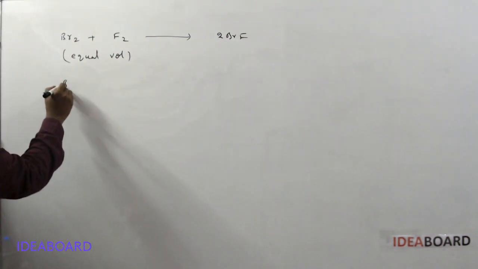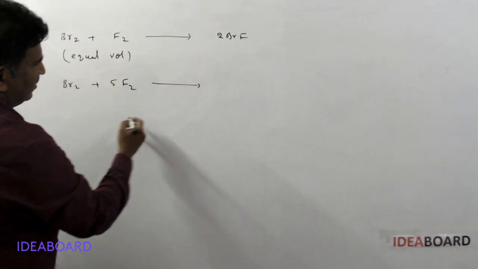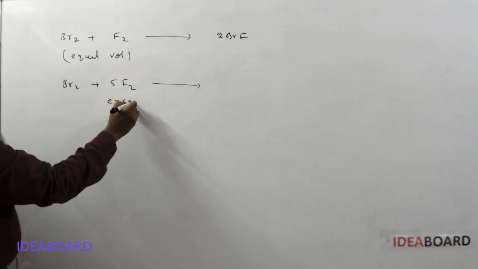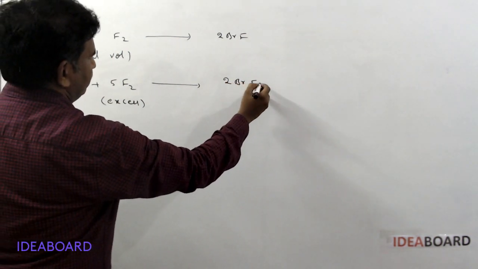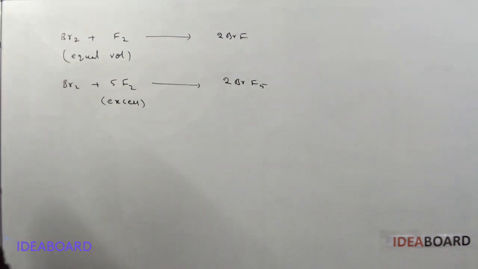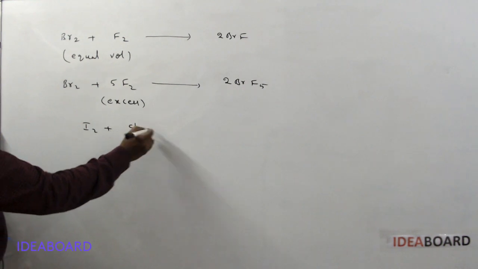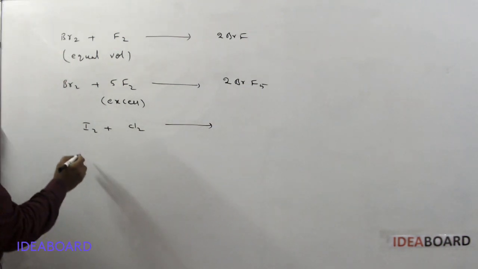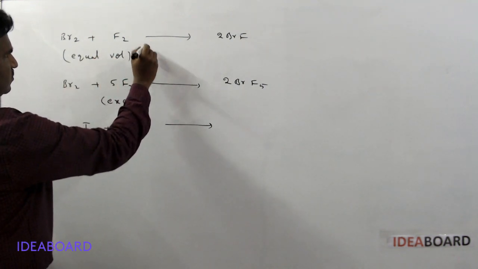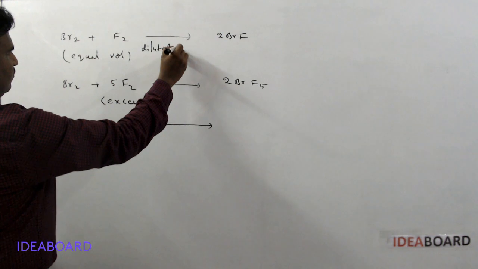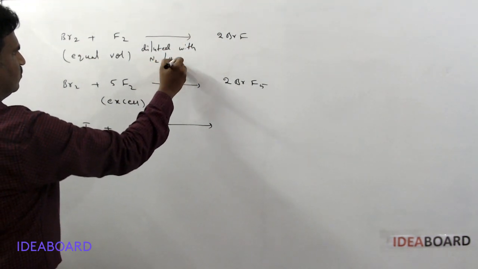Similarly, Br2 reacts with 5F2, fluorine taken in excess, and we get 2BrF5, bromine pentafluoride. And iodine reacts with chlorine in equal amounts. In this reaction, the solution is diluted with nitrogen or with water.